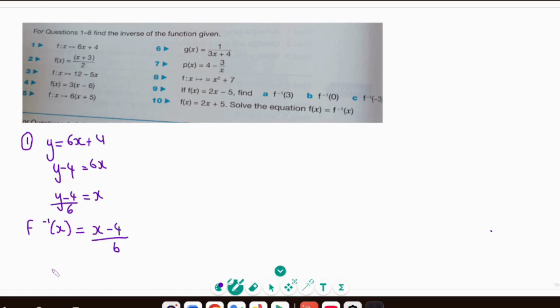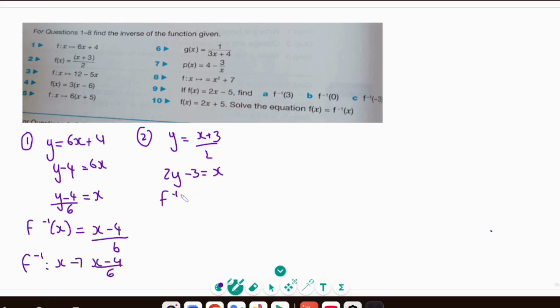I suppose if you wanted to keep to the same notation here, f to the minus 1, taking 12 from both sides, divided both sides by minus 5.